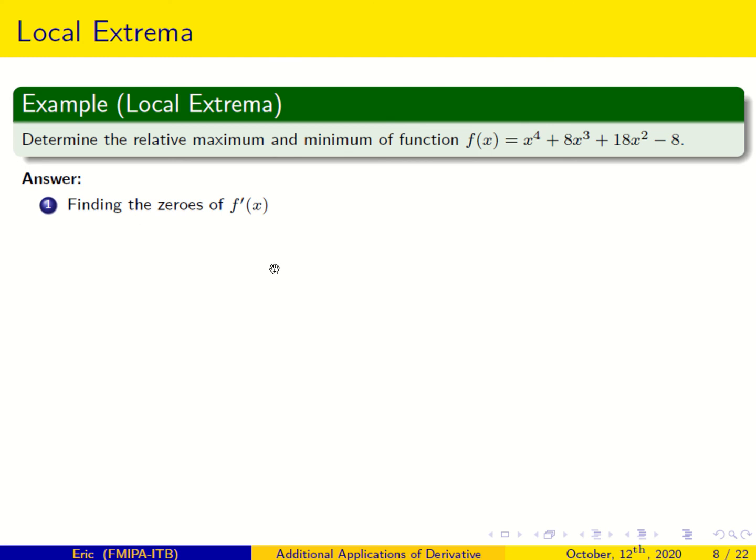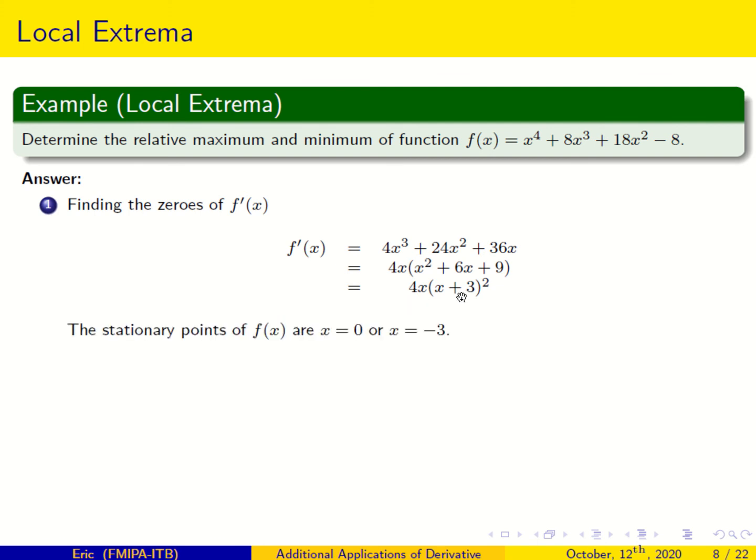I want to find the zeros of f prime x first. This is f prime. I can factor out x, and factorize the rest, and it becomes this. So the zeros are given by 0 and -3, the stationary points.